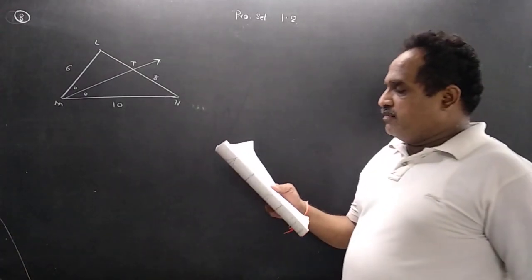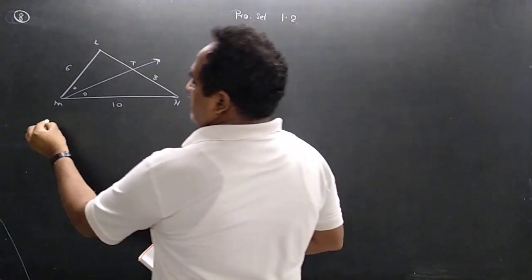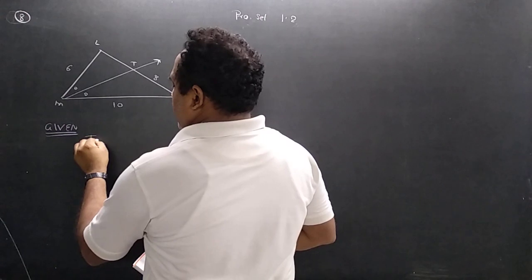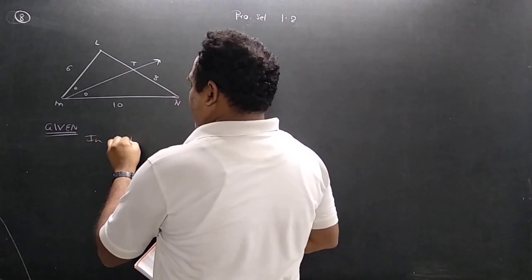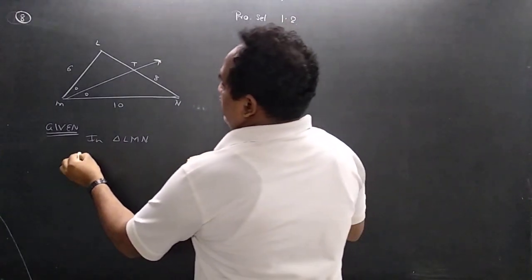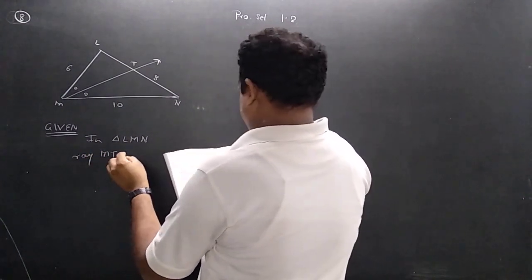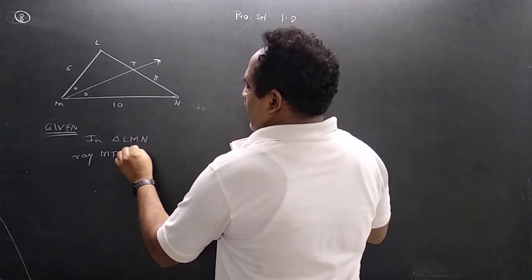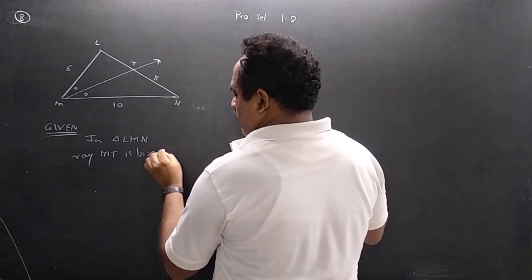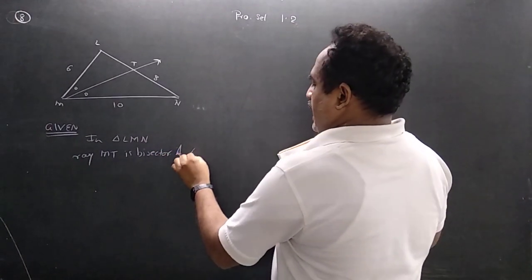We go for question number 8. This is the figure they have given, and they have given that in triangle LMN, ray MP is a bisector of angle LMN.